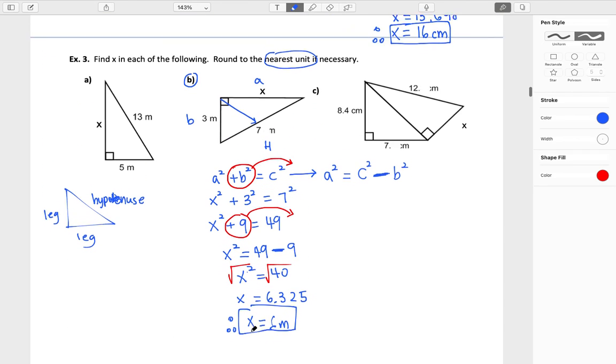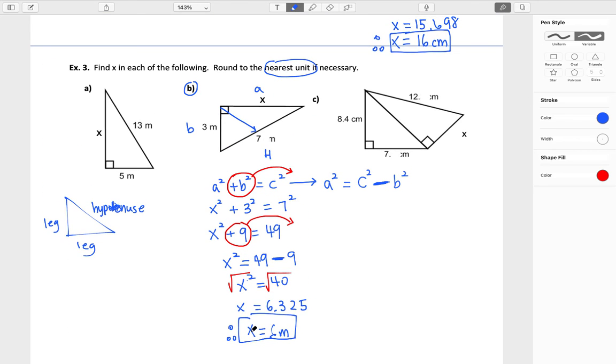Okay, let's go over the big ideas for example 3C. For 3C, we're given two triangles here, and we're looking for x. But to do the Pythagorean theorem, you need to know two lengths. Let's say triangle 1 and triangle 2.